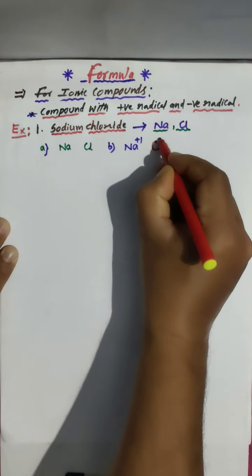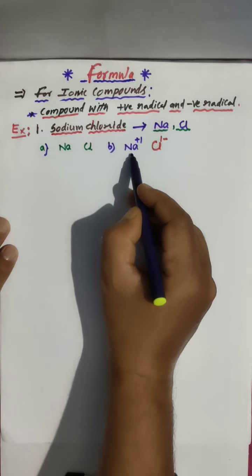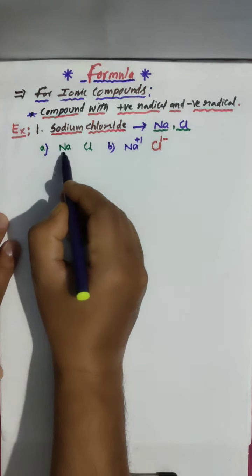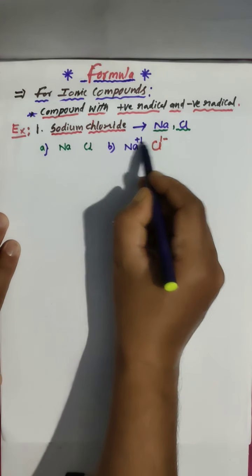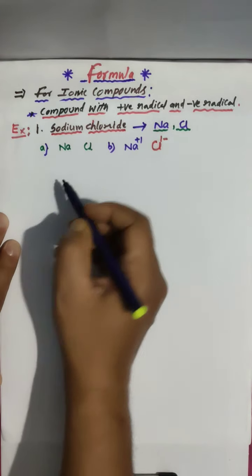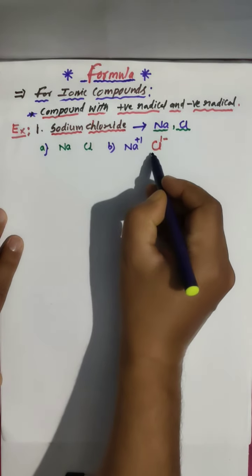Chlorine has -1, meaning 1 unit of negative charge. This is 1 unit of positive charge. First we write the symbols and formulae, and then we write the charges. If you know this, then it is easy and simple.